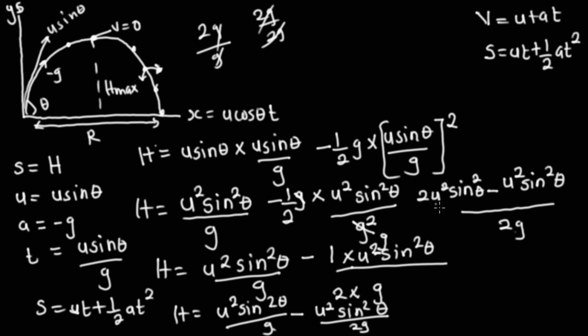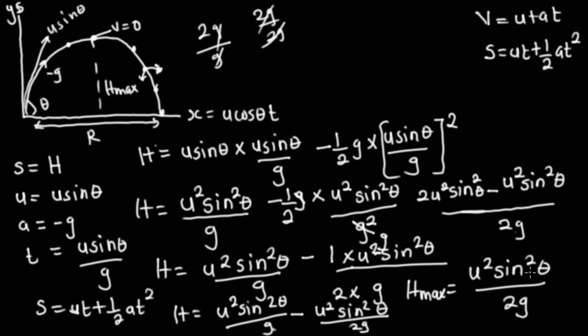If you notice, they are the same, just that one is 2 and this is 1, so we subtract. On subtracting, we have h max as u squared sine squared theta over 2g. This is how to derive maximum height.